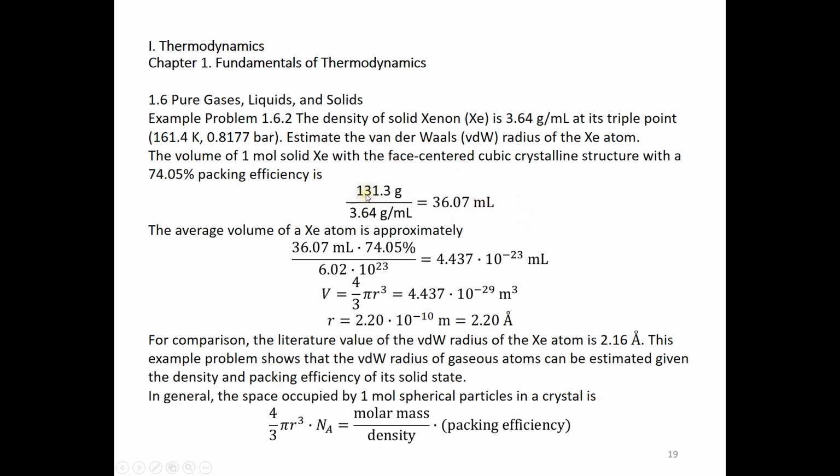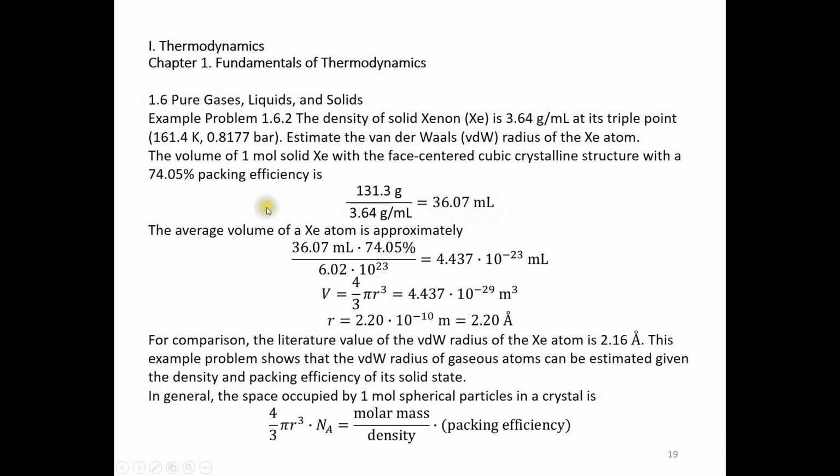This is the molar mass of xenon. We're assuming 1 mole of xenon, so it's 131 grams, and we have the density of xenon. And now we have the volume of 1 mole xenon, 36 milliliters. Or we can say the molar volume of solid xenon is 36 milliliters per mole.